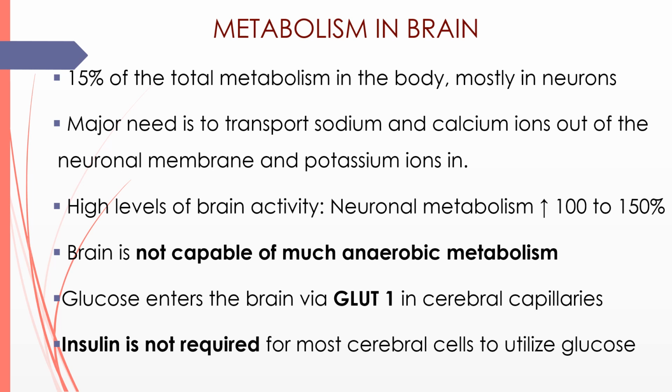This point is very important, because in diabetes mellitus, where there can be either an insulin deficiency or insulin resistance, even in those cases the brain doesn't need insulin for the glucose to act. So it is insulin independent.